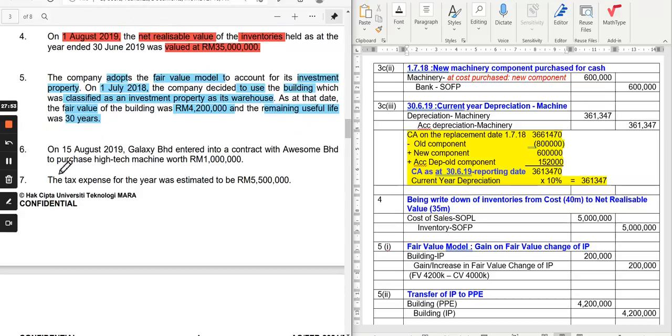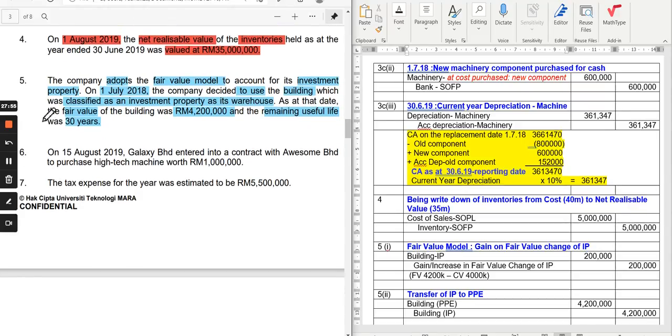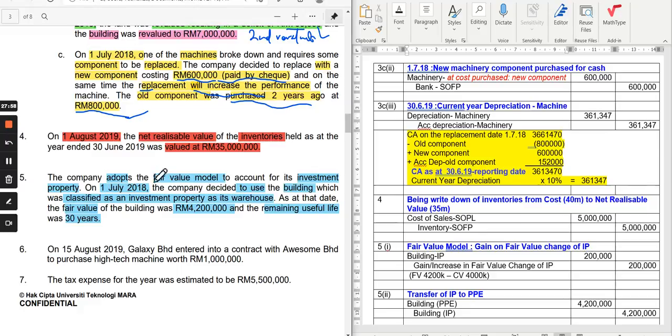The last, item number 5 now. The company adopts the fair value model. Remember, under the fair value model, if you adopt it for IP, there is no depreciation and there will be no impairment. On 1st of July 2018, the company decided to use the building that was classified as an IP as its warehouse. So now the investment property will be reclassified due to the transfer, a change in use.